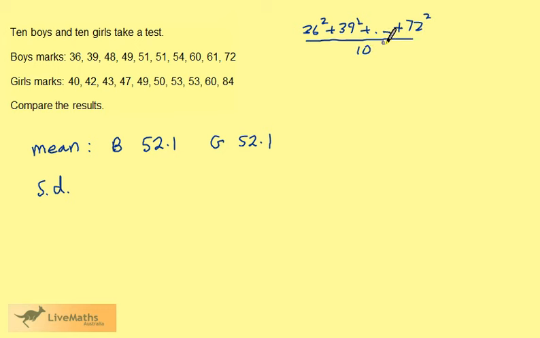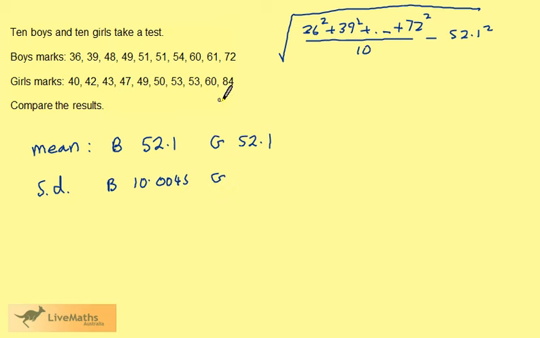Divide that by 10, take away the mean squared, and square root the result. That gives us 10.0045.